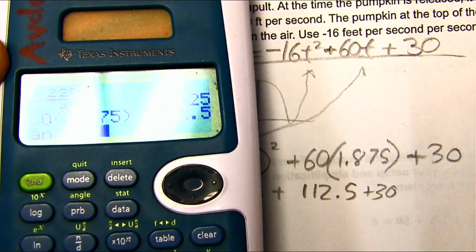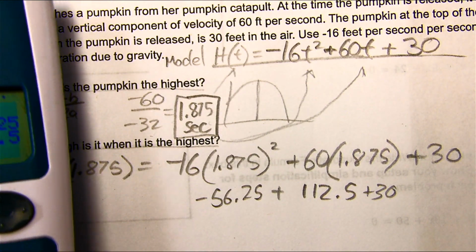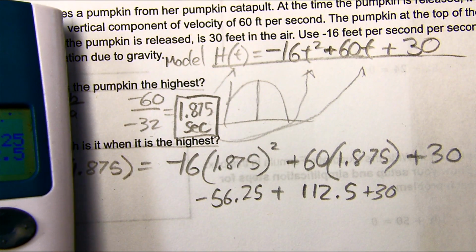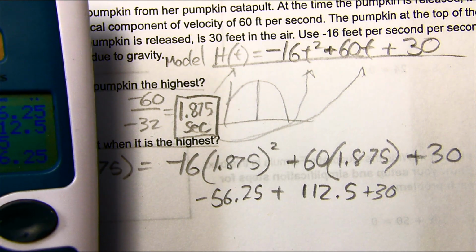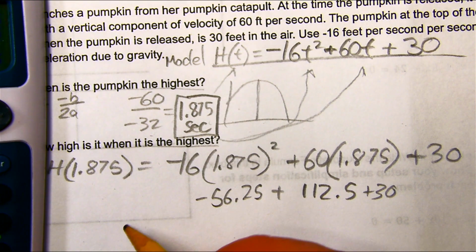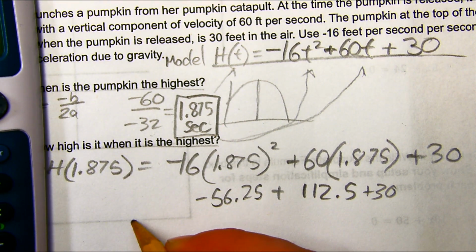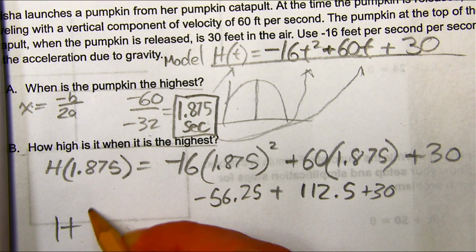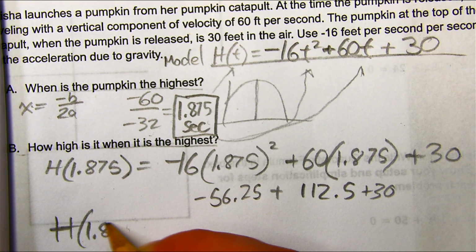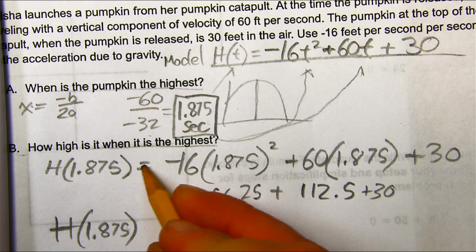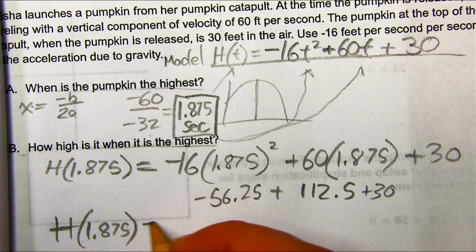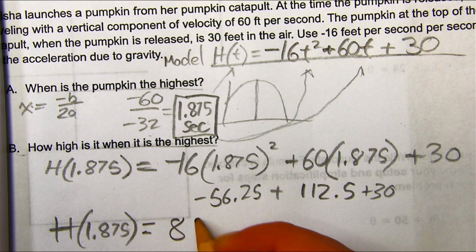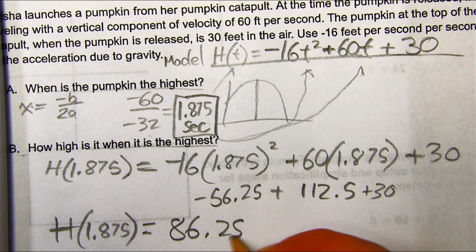Plus 30 plus negative 56... 86.25. Oh man, I should have checked this with some student. I don't know if I'm right. I think this is correct. The maximum height is 86.25 feet.